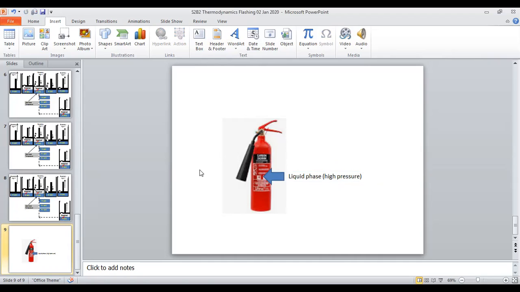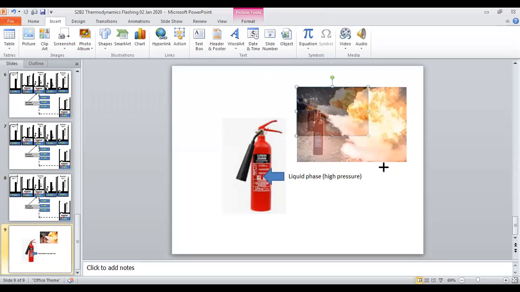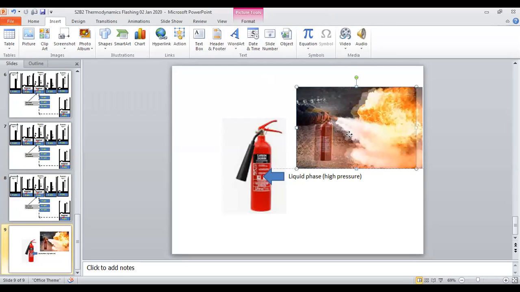And if you are using this fire extinguisher, my knowledge of fire extinguishers is not very good.